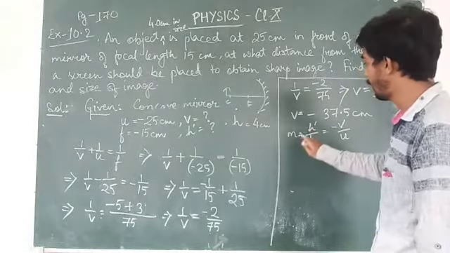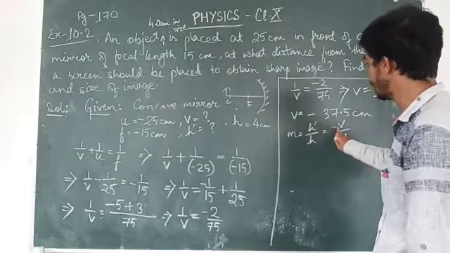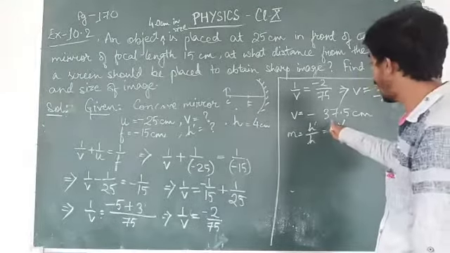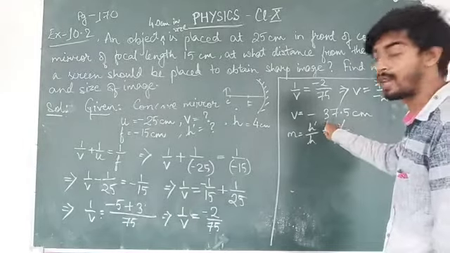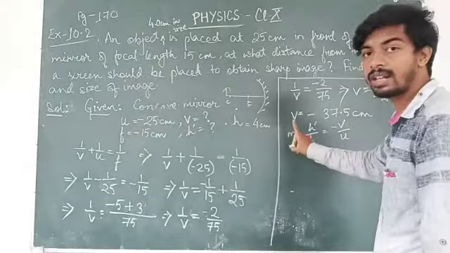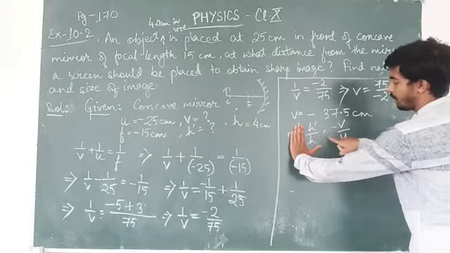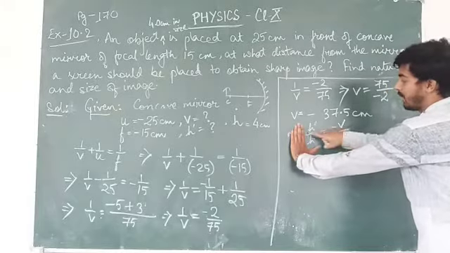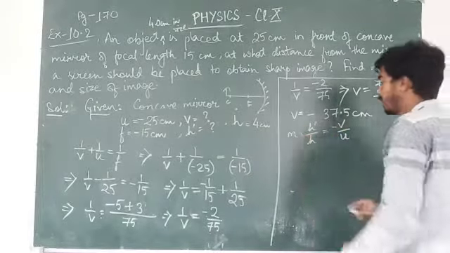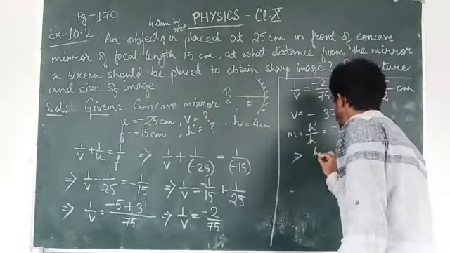We have the value of h. We have the value of u. We now got the value of v. So instead of using this m, we can directly use the formula from this part. H dash by h equal to minus v by u. We will use directly this part only. So it will become like this. H dash, we don't know, we have to find out.